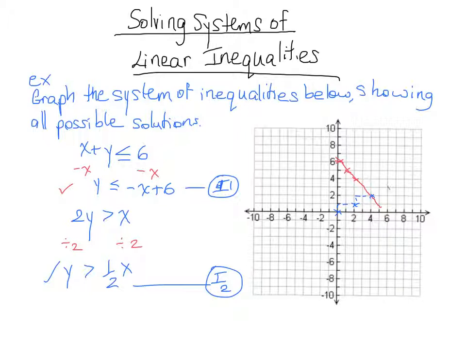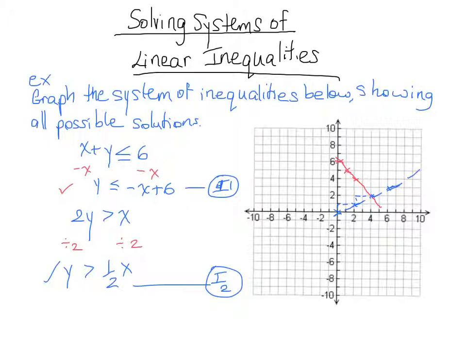And let's do one more of those right there. And the line is broken because, as you can see here, it's greater than a half. It's not greater than or equal to a half. So we have to make the broken line to show that it cannot be equal to that line. And so that broken line looks a little something like that. Not great, but you get the point.